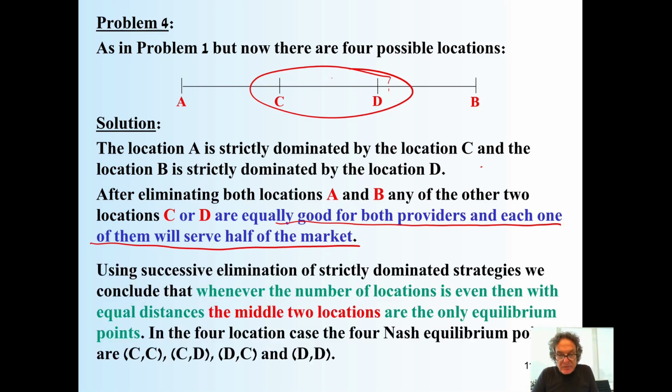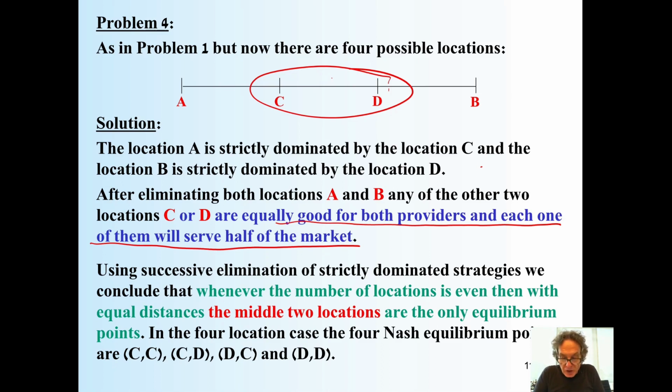Using successive elimination of strictly dominated strategies, we conclude that whenever the number of locations is even, with equal distances, the middle 2 locations are the only equilibrium points.